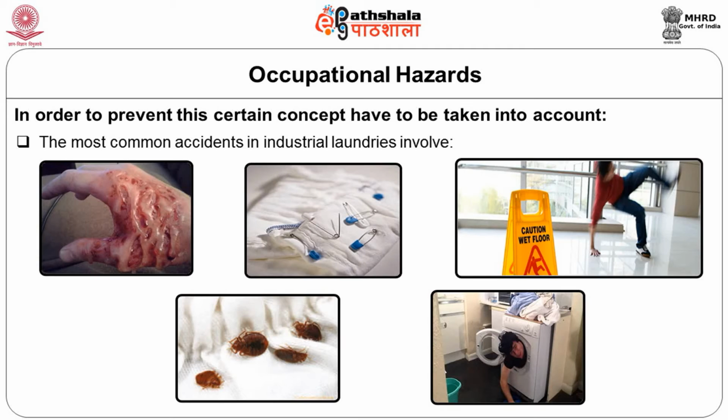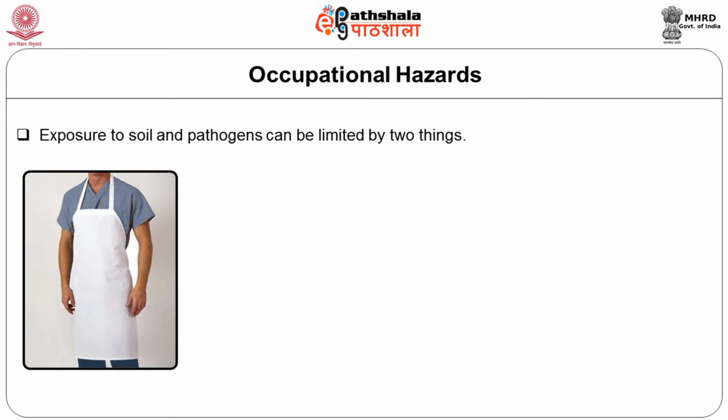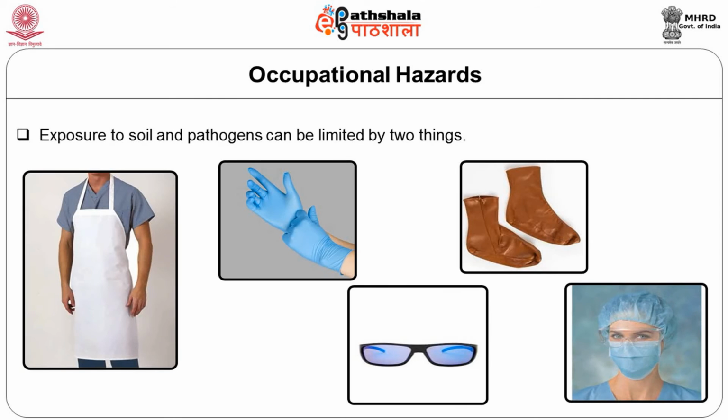While these problems are commonly avoided by standard precautions and a little common sense, exposure to soil and pathogens can be limited by two things. One, of course, is the use of personal protective equipment like aprons, gloves, eyewear, foot coverings and face masks.